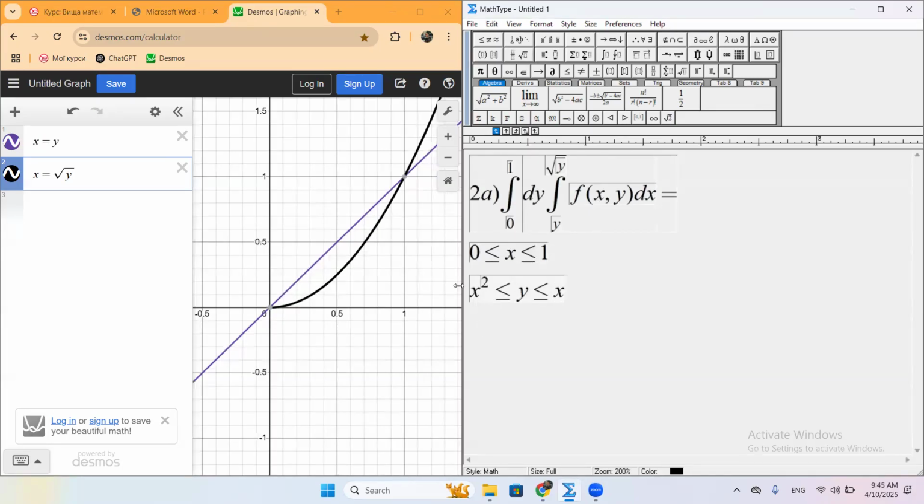So y is bounded by the function x squared from the bottom and x from the top. Now let's rewrite this integral: x from 0 to 1, and y from x squared to x. And that's it. Any questions about this exercise?